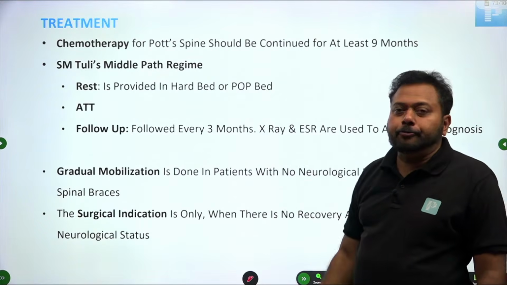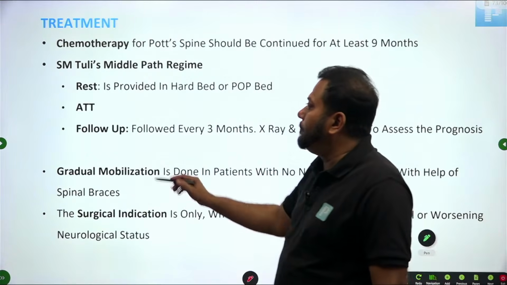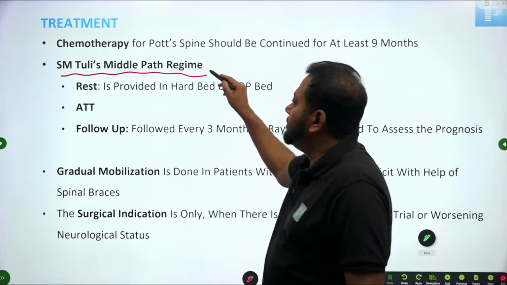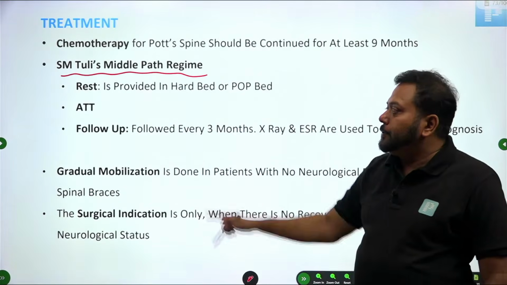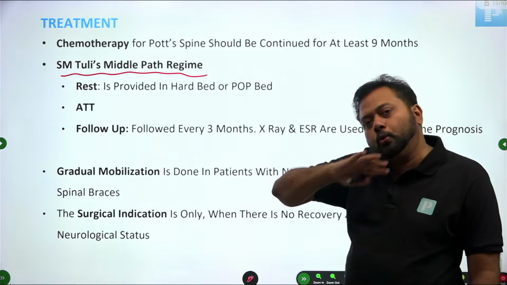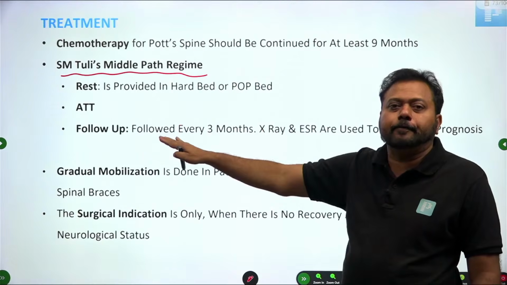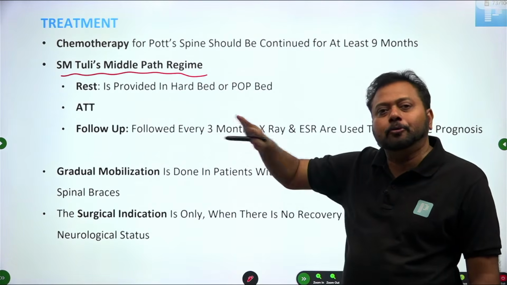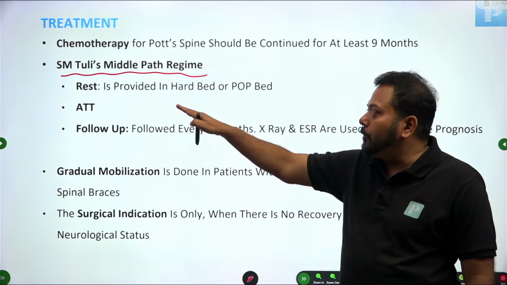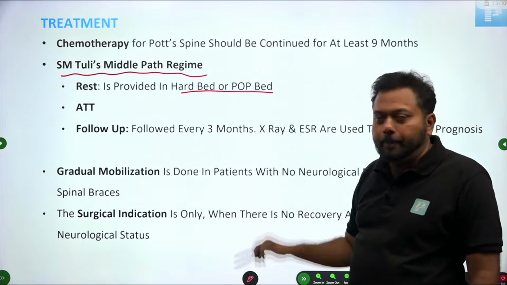Right. Coming to treatment, SM Tuli's middle path regime. This is the accepted treatment throughout the world. Professor Tuli is our Indian professor, but this is accepted throughout the world. First, you give rest in a hard bed or POP bed.